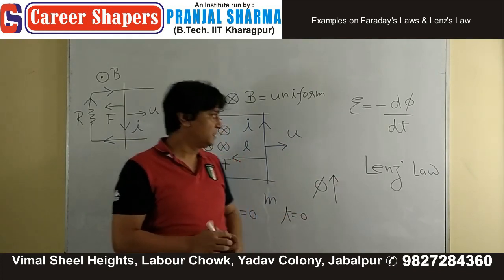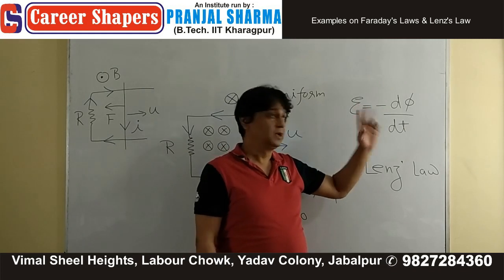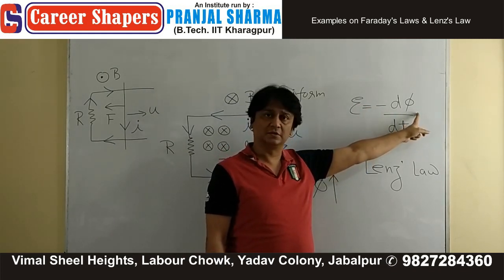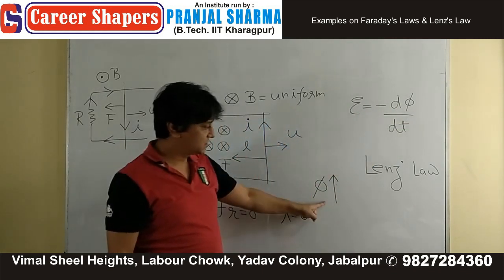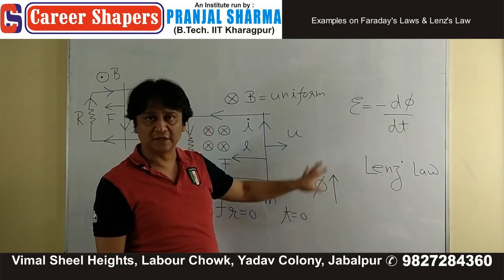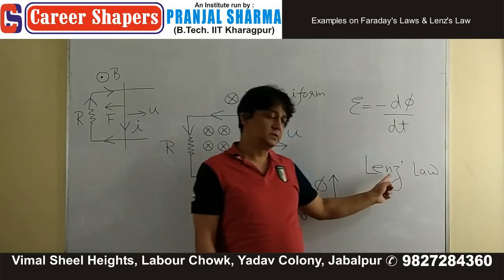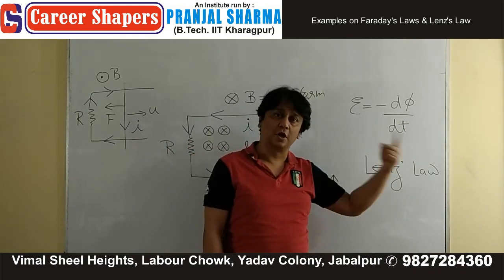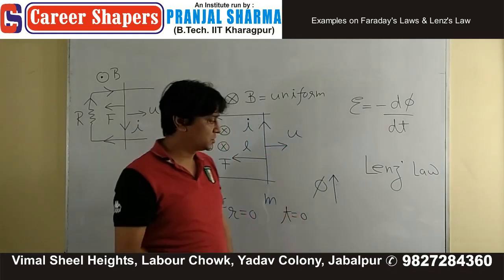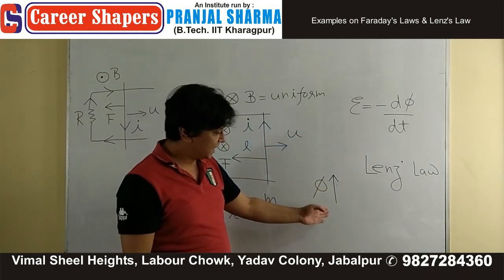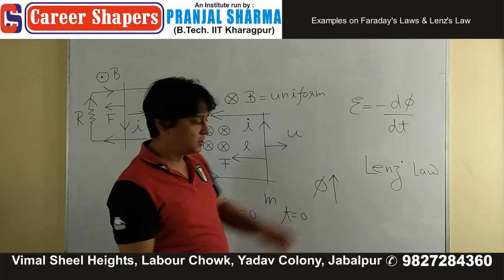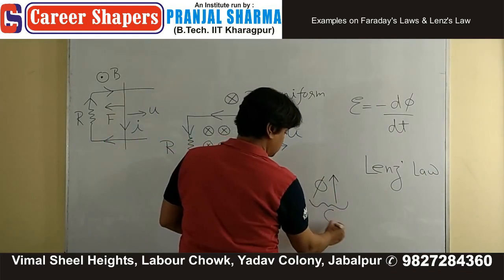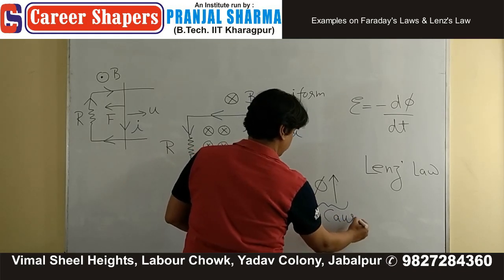Now you are saying that Faraday says induced EMF develops if flux changes. Flux is changing, is increasing. Lenz says that induced EMF opposes cause of its production. So what is the cause? Cause is increase in flux. So this time round, this increase in flux is the cause.